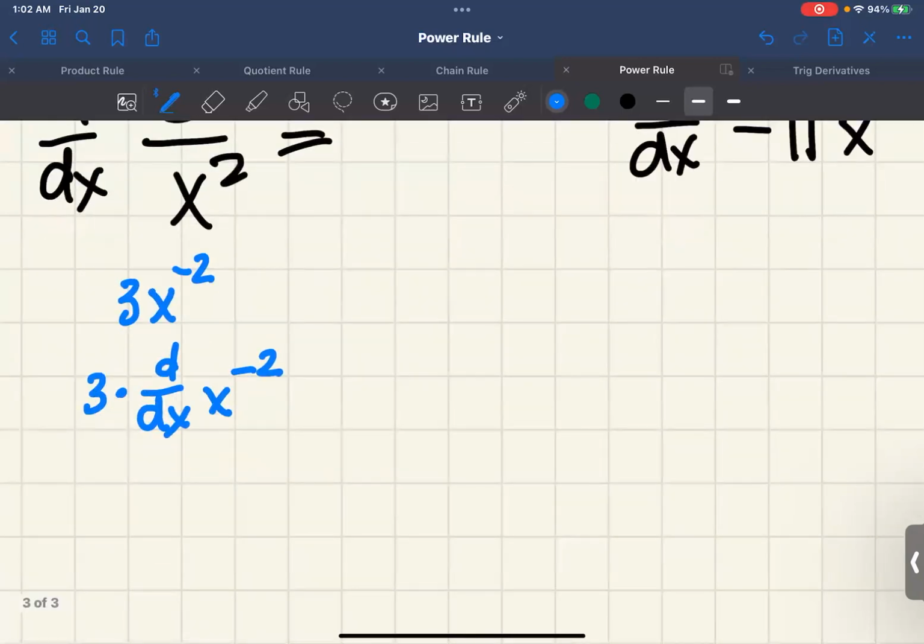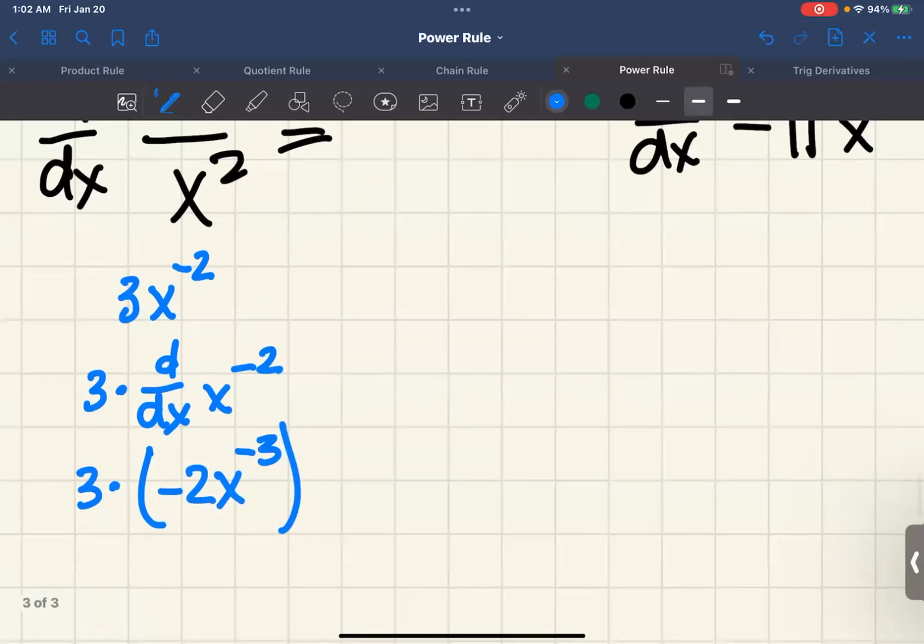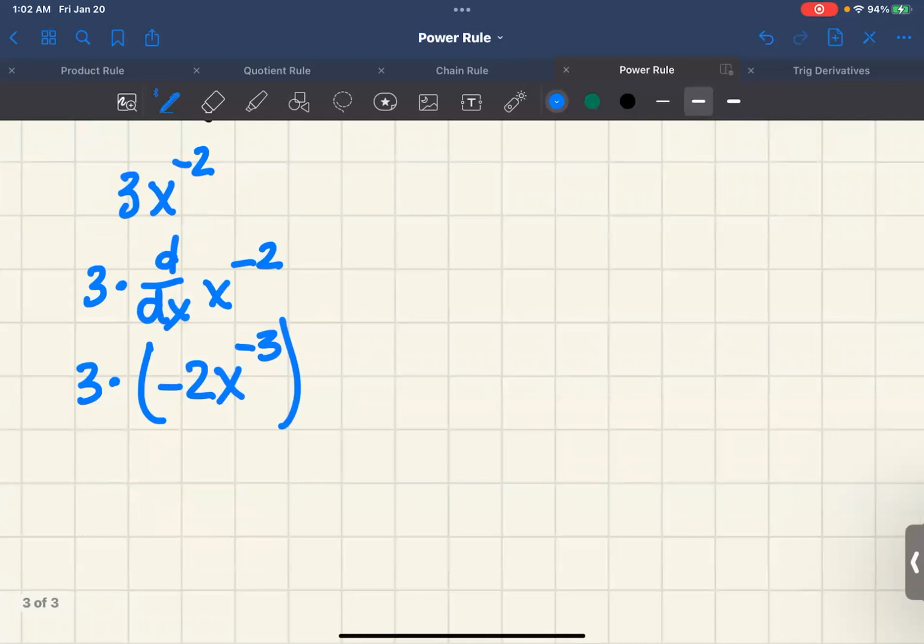So this one, it looks trickier, but you just bring the negative down with it. So the derivative of x to the negative 2 is just going to be negative 2x to the negative third because you're subtracting 1. And then you can put it back in a form that's better. So you would have 3 times the negative 2 and then x cubed on the bottom. And the negative goes away because it's in the bottom now.